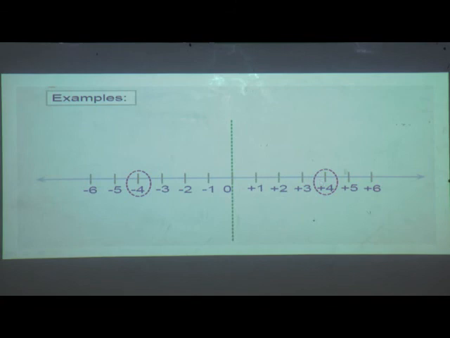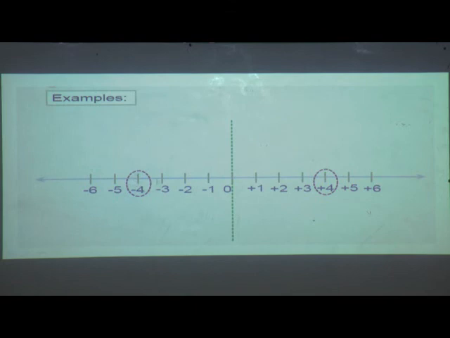So this is the +4, we represent it, and now we have to represent -4, so we have to move left from 0, so we get 0, 1, -1. So from here we'll just jump -1, -2, -3, -4. So here we represented -4.